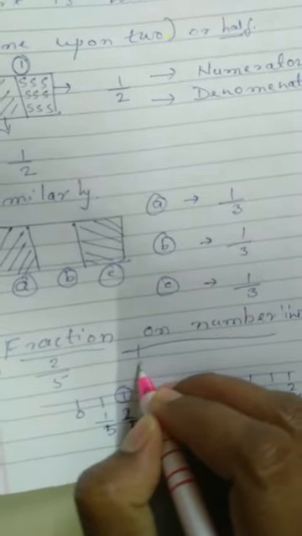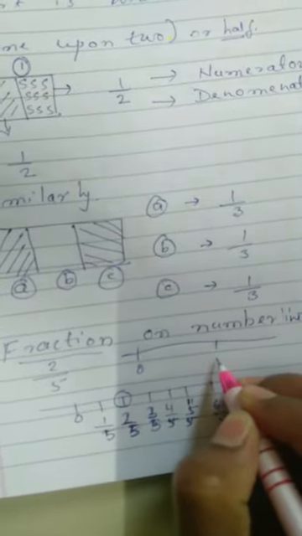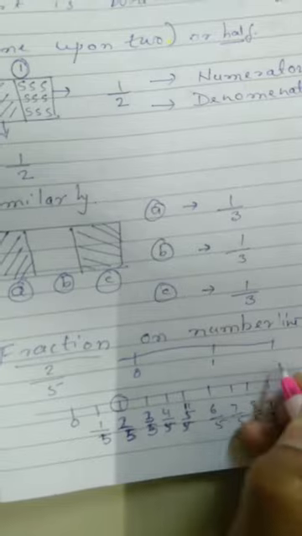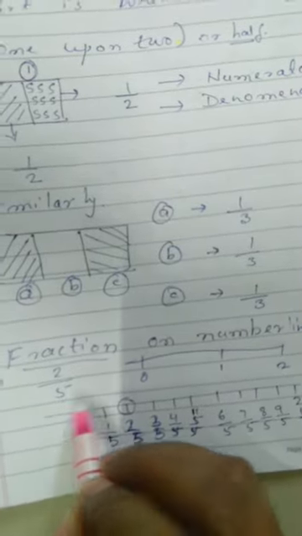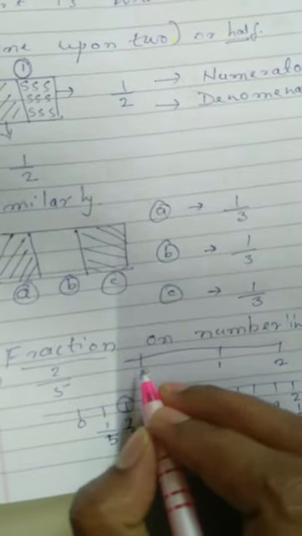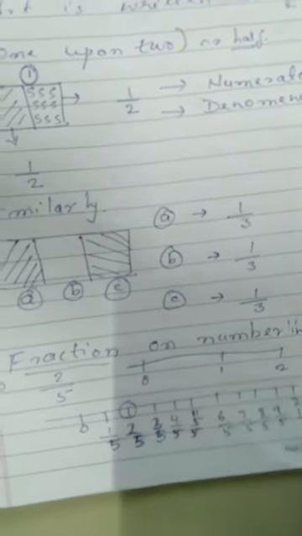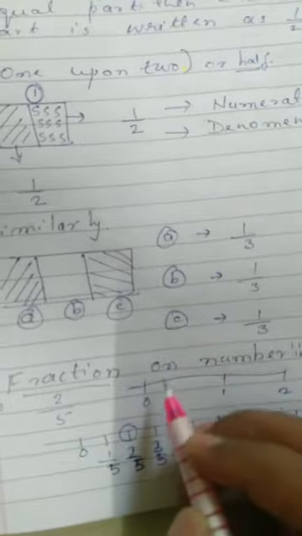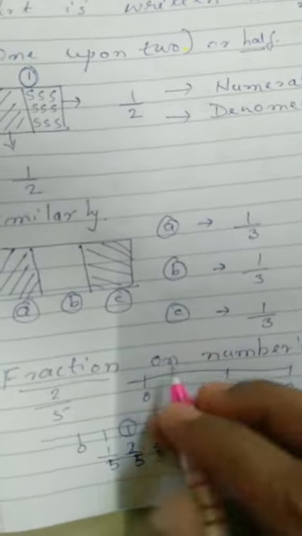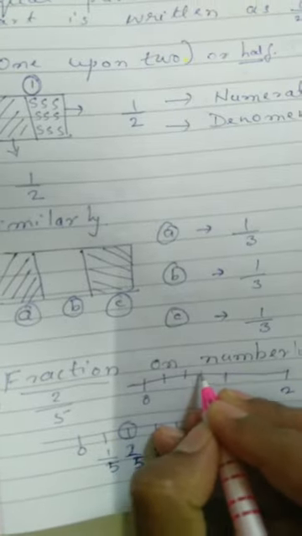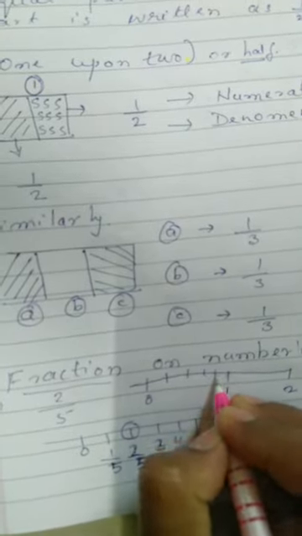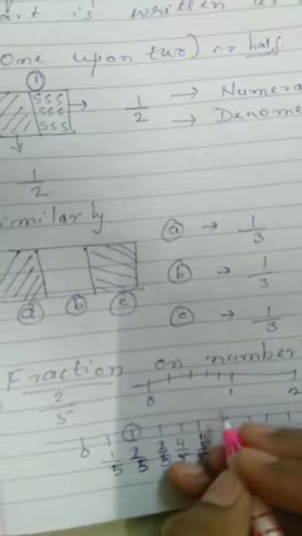This is 0, this is 1 and this is 2. Since denominator is 5, we can divide this line from 0 to 1 into 5 parts. First, second, third, fourth and fifth part.